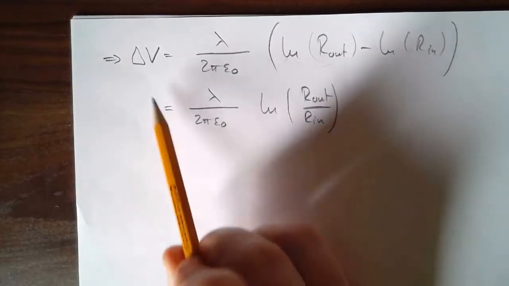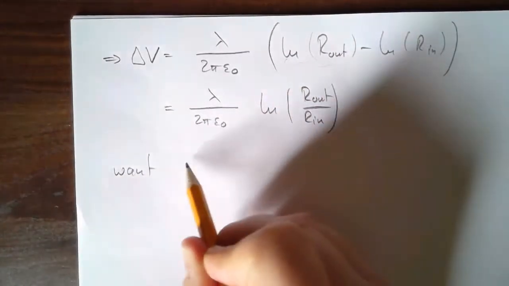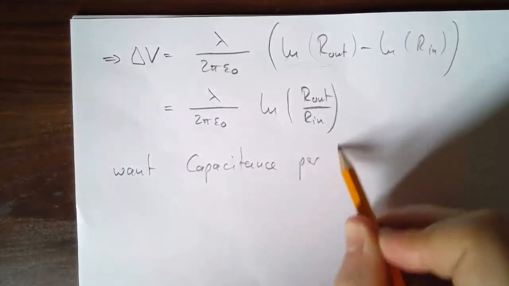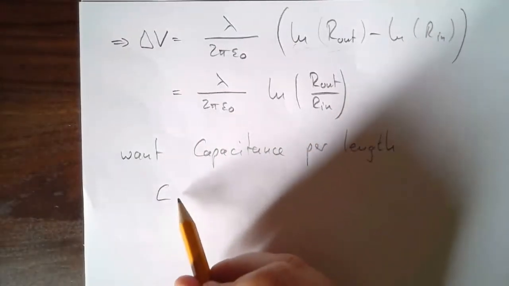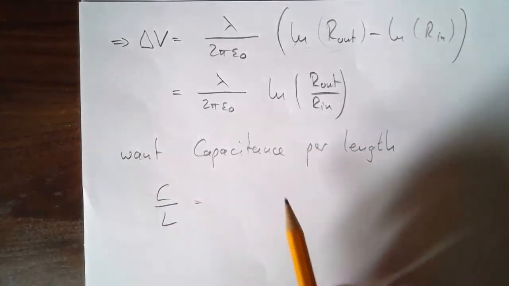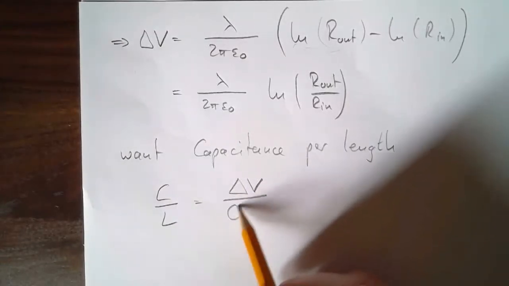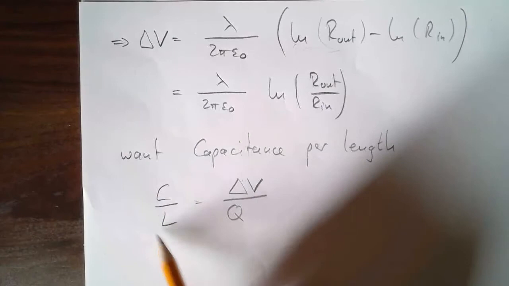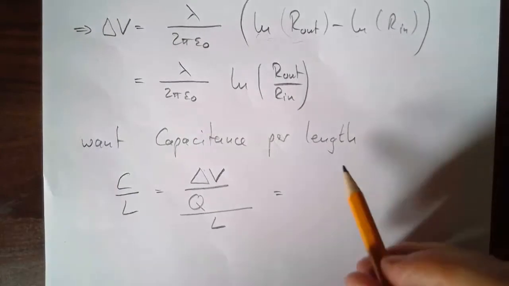Okay, so we've got our delta V, and now we want the capacitance. The capacitance per length, per meter, say. So C per length of cable is going to be delta V per charge per length of cable, right?